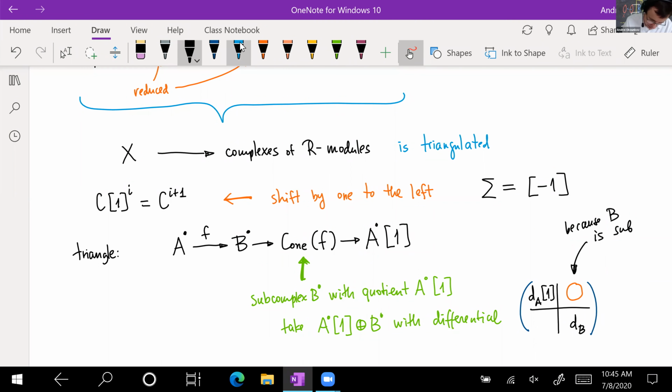By the usual convention, if I shift something by 1, this changes sign. And then here I'll just put F.